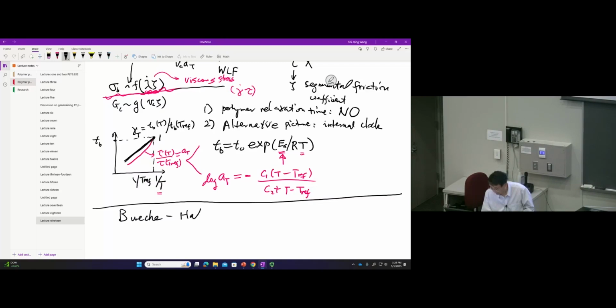It's all a small world because Bueche was a famous professor at the University of Akron in the 60s. I want to hammer on this point, and it's because of his theory that people just agreed, let's just have the WLF shift. Don't bother finding an alternative internal clock.